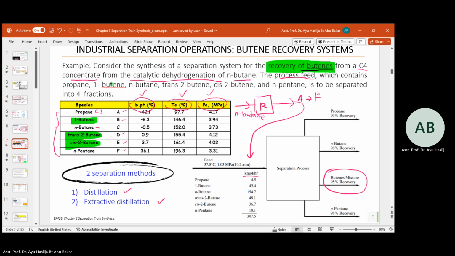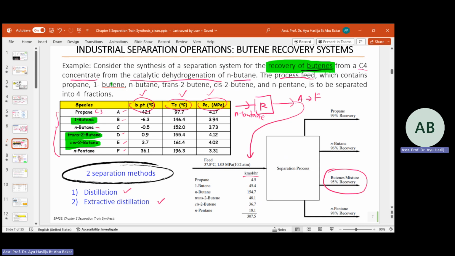Correct, extractive is with the presence of solvent to help the separation process, most of the time when it involves azeotropic or miscible mixtures.